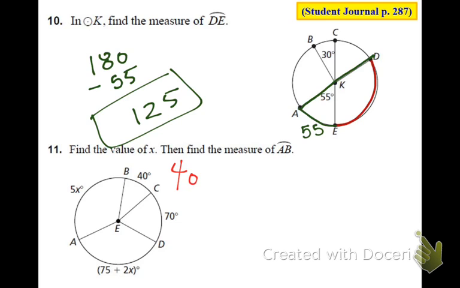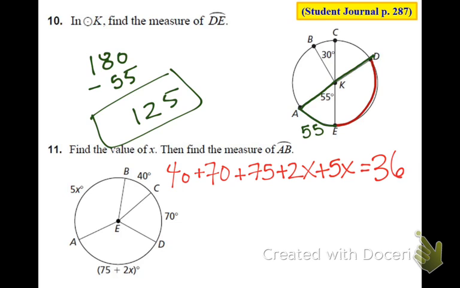Start with 40 plus 70, just going around clockwise, plus 75 plus 2x plus 5x. They will all equal 360. It just ran out of room.